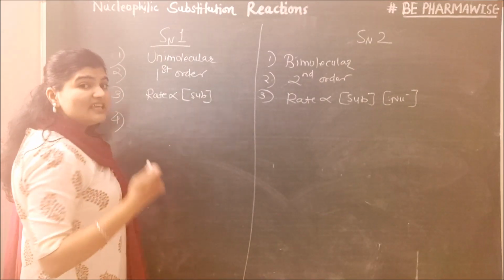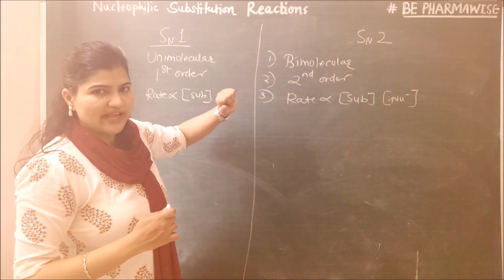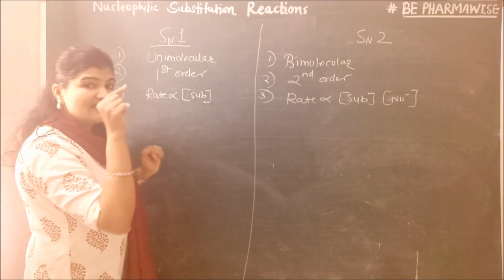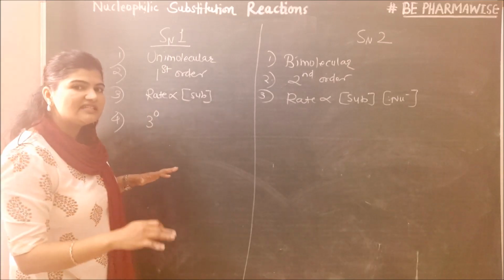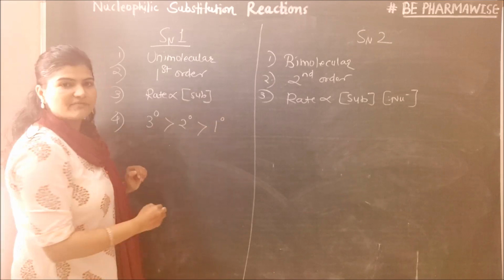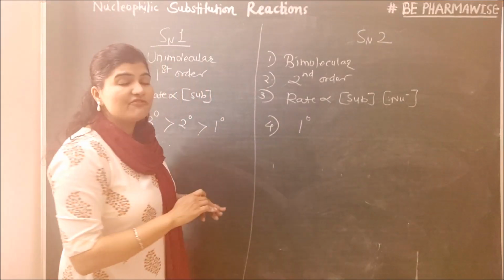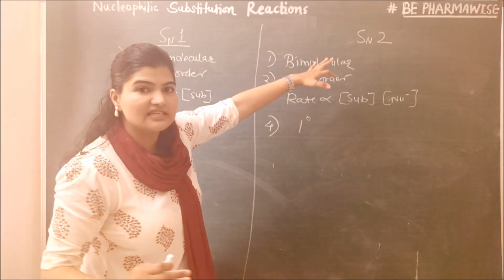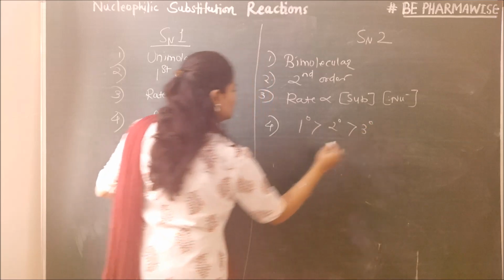Fourth, the ease of SN1 reactions and the ease of SN2 reactions. Who is easily undergoing SN1? Tertiary alkyl halides are very easily undergoing SN1, followed by secondary, followed by primary. And here the ease will be primary alkyl halides will be very easily undergoing SN2 than secondary, than tertiary.